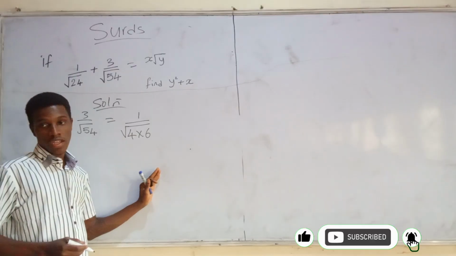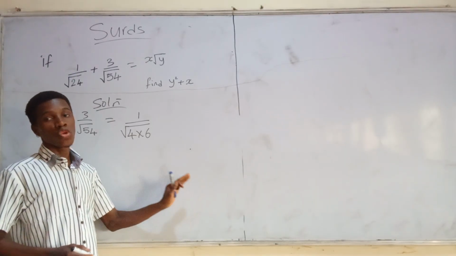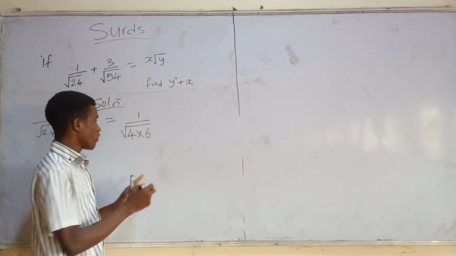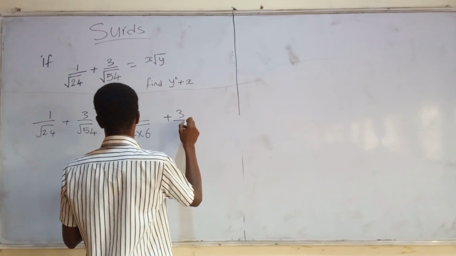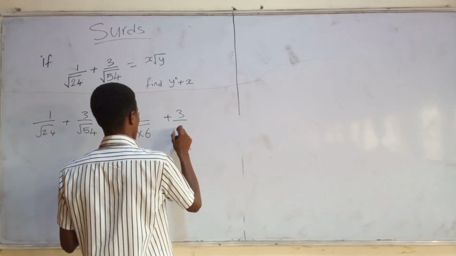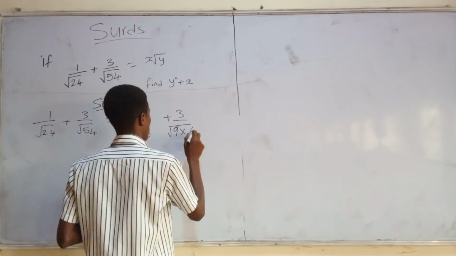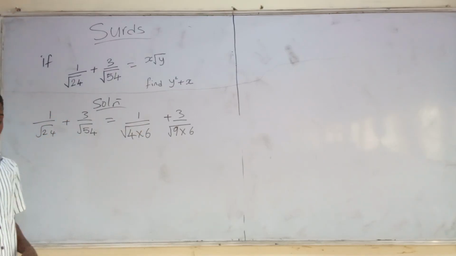Is 8 a perfect square? Is 3 a perfect square? So you go with a multiple of a perfect square. Is that clear? So 4 times 6 will give us what? Plus 3 over 54 is what? 9 times what? Right? So we say that this is equal to x root y.